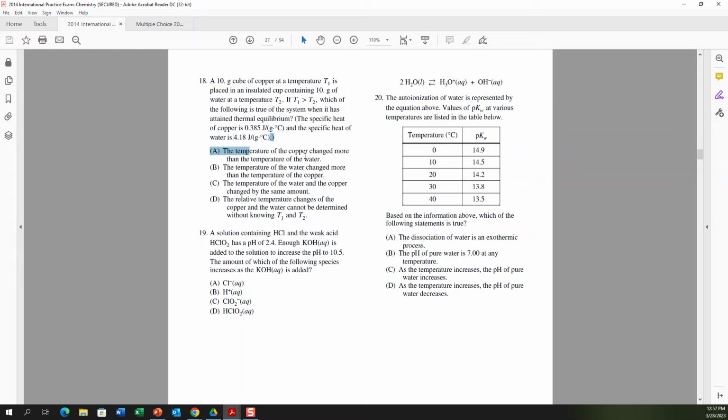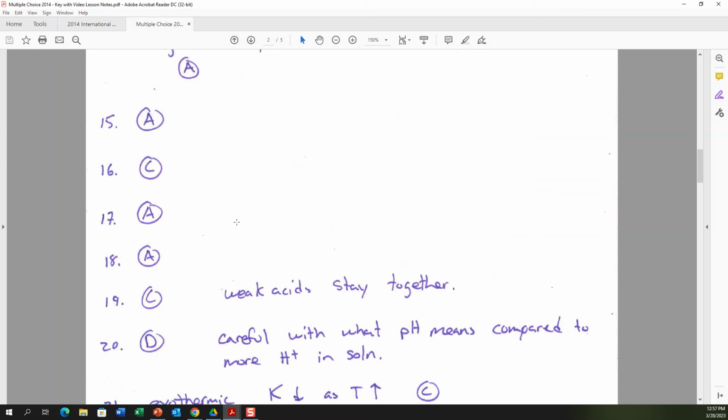So the temperature of the copper changed more than the temperature of the water. That's true. The temperature of the water, no. The temperature of the water and the copper changed the same? No, the energy exchanged is the same. So it would be A.